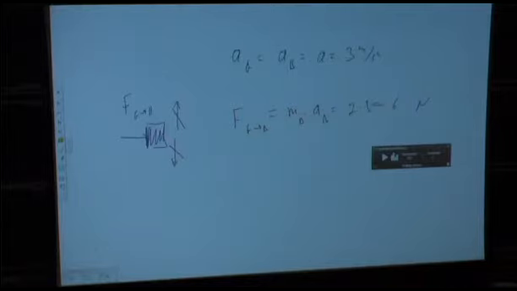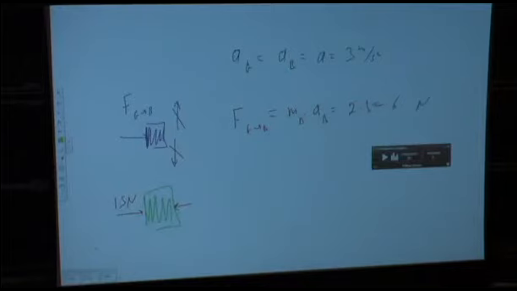We can go back to the green box. For the green box, we know 2 forces acting on it: 15 newtons from the hand, and there is some amount of force acting from the blue on the green. Now, can you tell me that amount of force acting from the blue on the green?